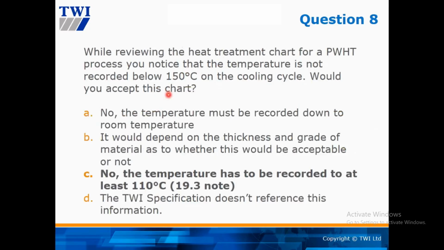All right, 8. While reviewing heat treatment chart for post-weld process, you notice the temperature is not recorded below 350 degrees C on the cooling cycle. All right, look at the 19.3.